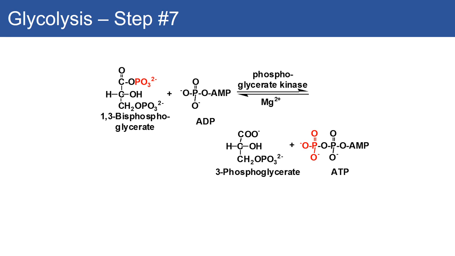You can abstract out that step 7 is we're going to take a nucleotide and add back in this phosphate from the 1,3-bisphosphoglycerate, and the catalyzing enzyme here is the phosphoglycerate kinase. So we're transferring one of the phosphates from the 1,3-bisphosphoglycerate to the ADP molecule, and we end up with 3-phosphoglycerate. That's step number 7.